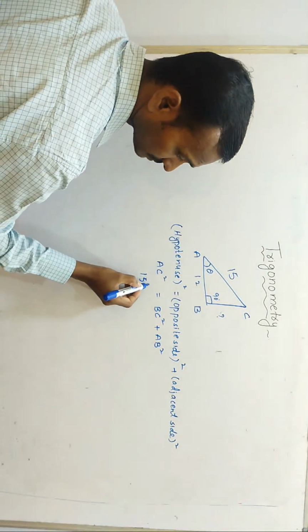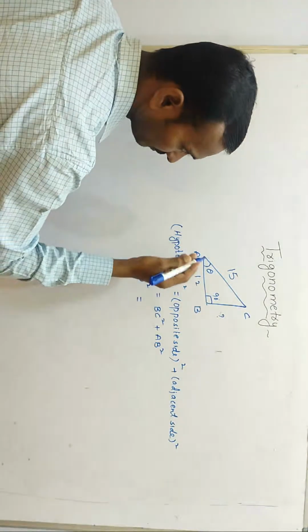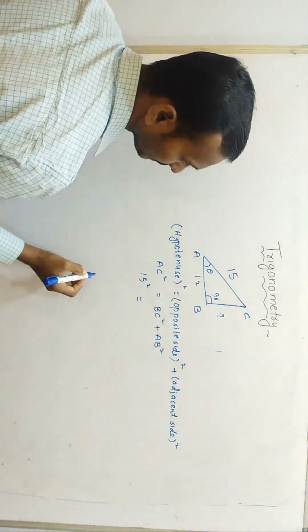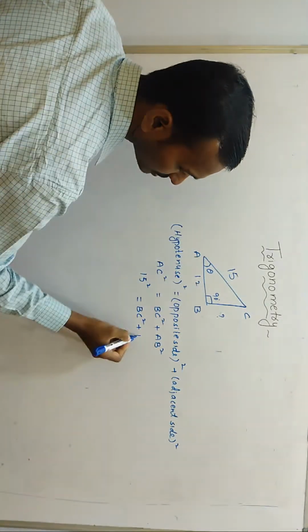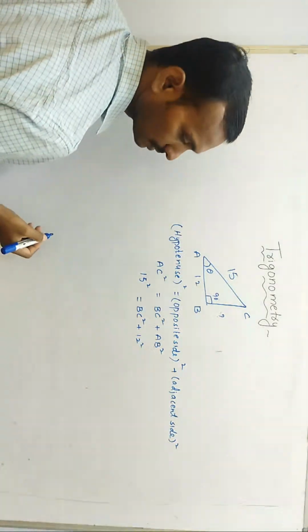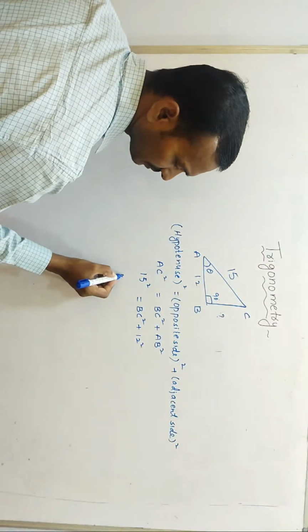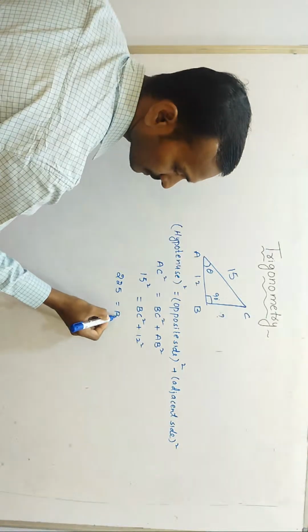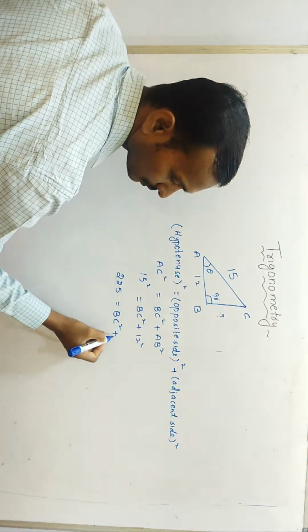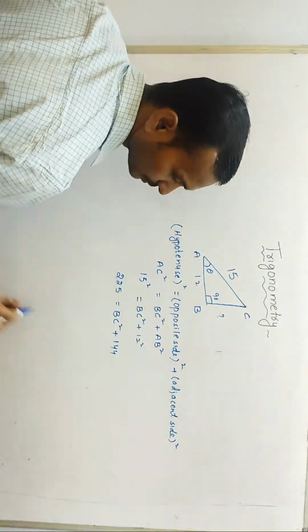Substitute the AC value 15 here: 15 square is equal to BC square plus AB value 12 square. 15 square is 15 into 15, that is 225. 12 square is 144.